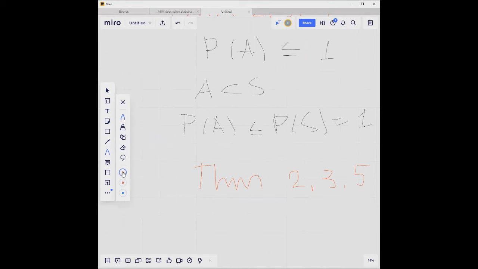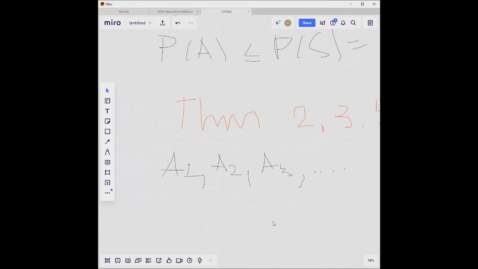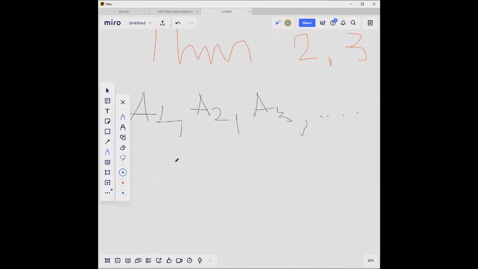Let's assume we have the following infinite list of events, A1, A2, and so on. Those are mutually exclusive events. So the intersection of Ai with Aj is an empty set for i not equal to j.